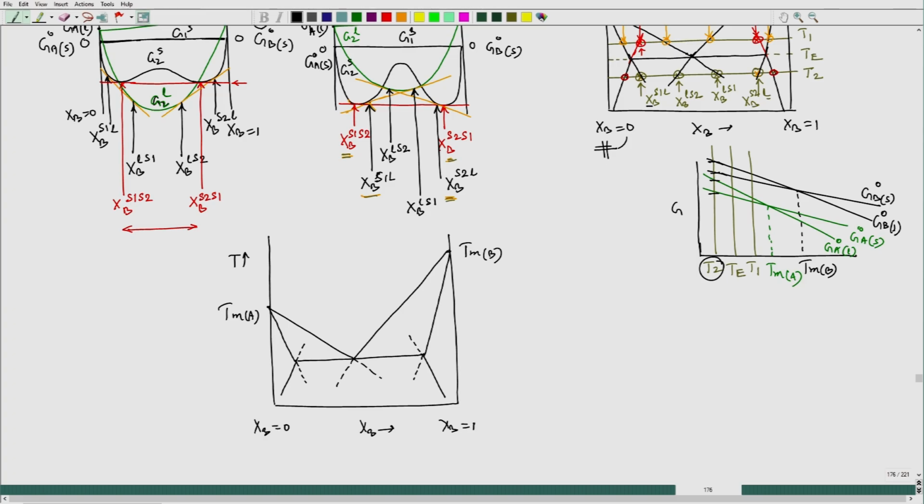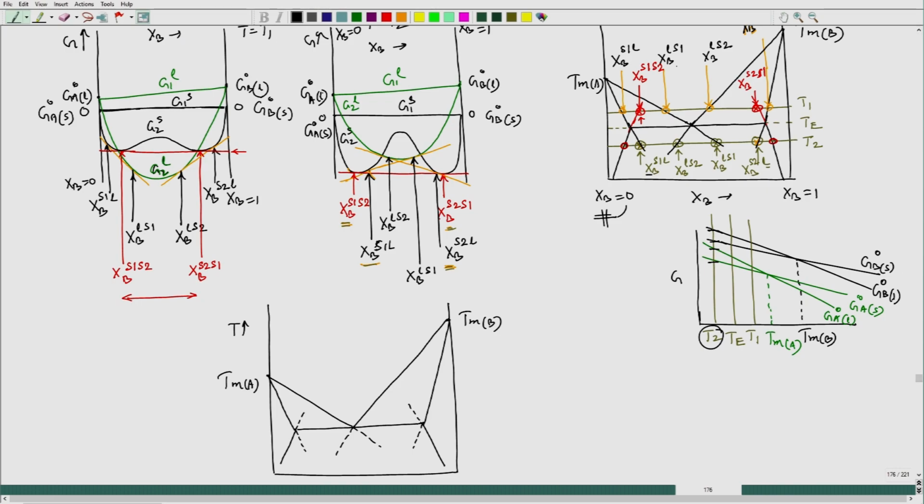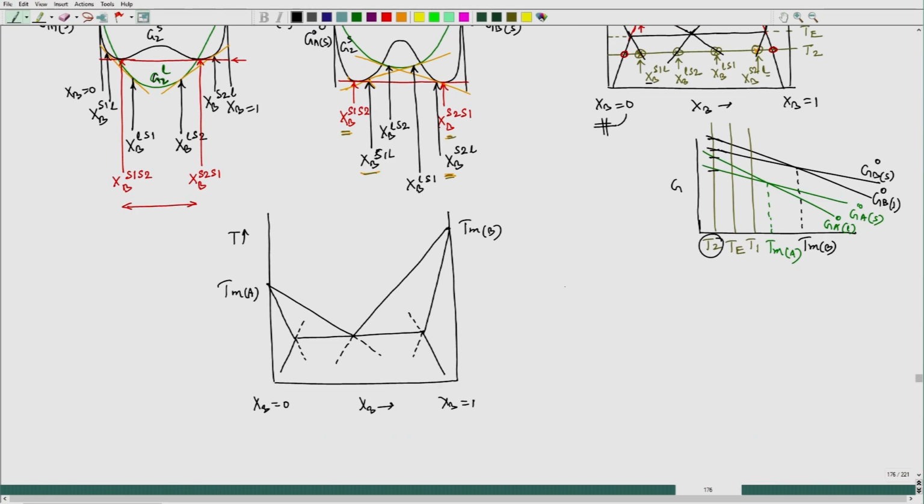Now, if I try to do it at T equal to T e, the only thing would be this particular one. G is varying this way, x p is varying this way, x p equal to 1, x b equal to 0.